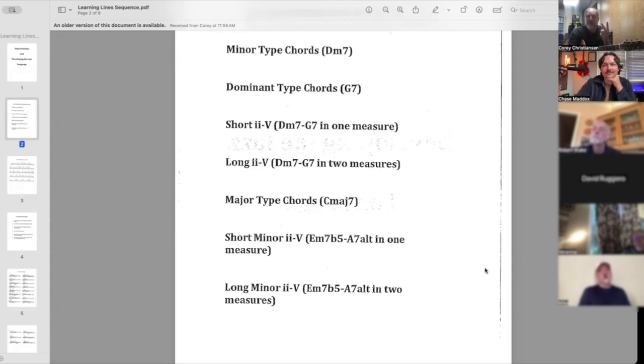So when you go to music school, they teach you that in the major scale and with the harmony that's derived from the major scale, there are like 7 functions. The 1 chord is tonic, the 2 chord is supertonic, the 3 chord is the mediant, the 4 chord is subdominant, the 5 chord is dominant, the 6 chord is submediant, and the 7 chord is what we call leading tone.